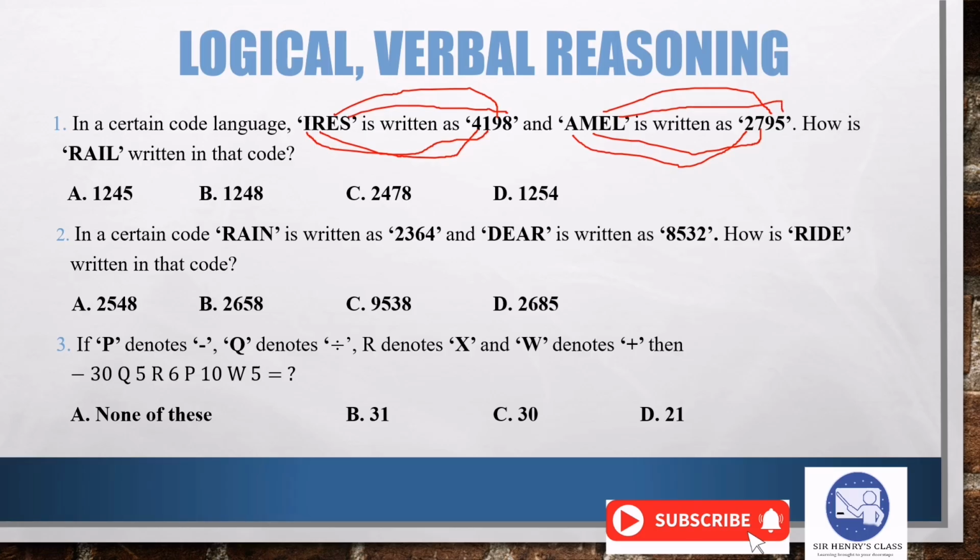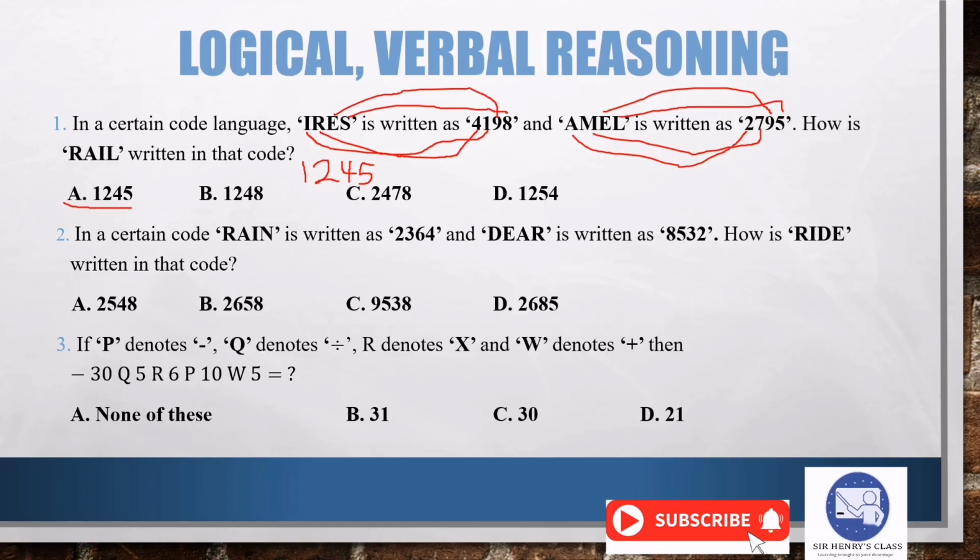So RAIL: R maps to 1, A maps to 2, I maps to 4, and L maps to 5. So clearly our answer is A, 1, 2, 4, 5.